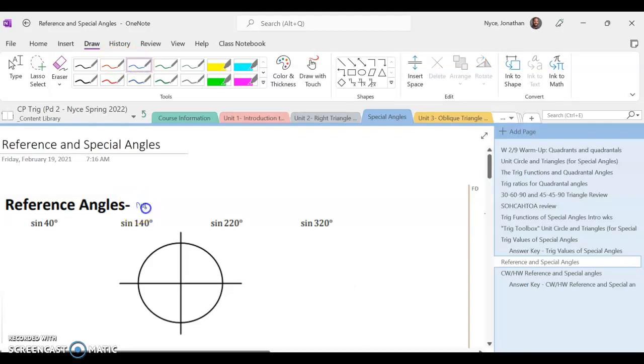So it's going to be the number of degrees between your given angle and the nearest x-axis. Look at a couple examples here.